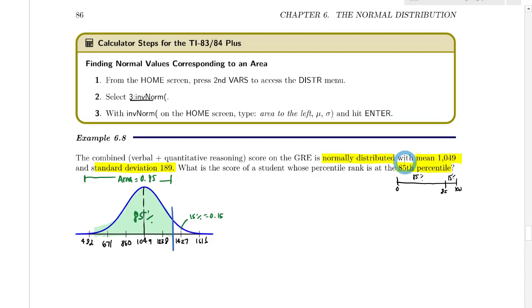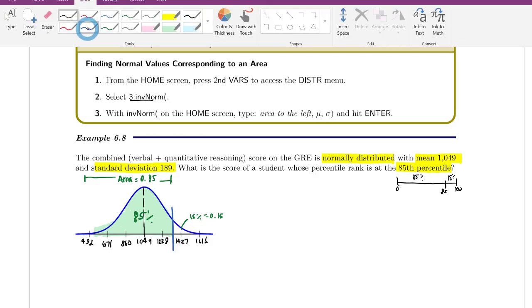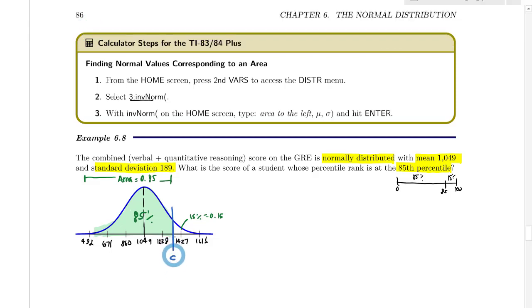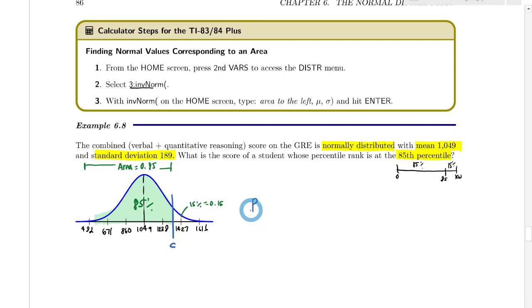So here, what we want is to see the GRE score that corresponds to the 85th percentile. So what we're looking for is the probability or area such that x is less than c, which is equal to 85%, right?